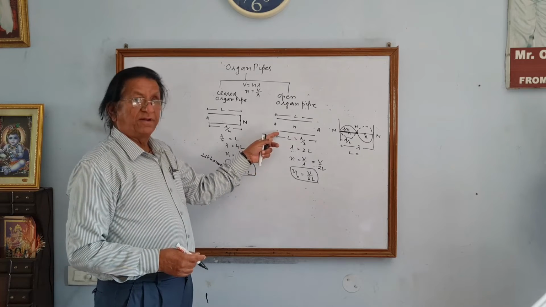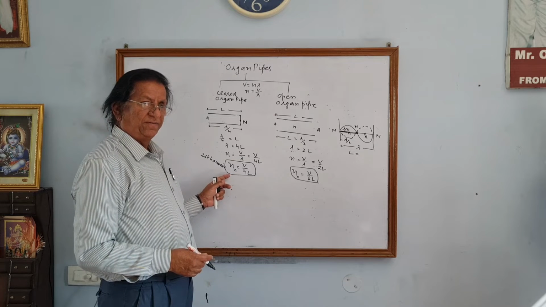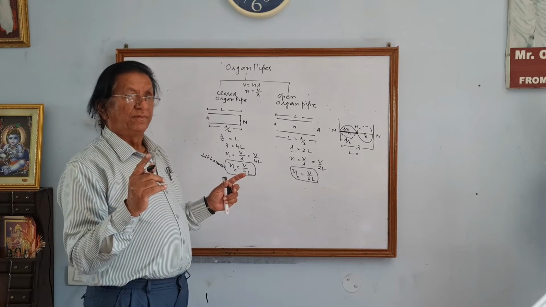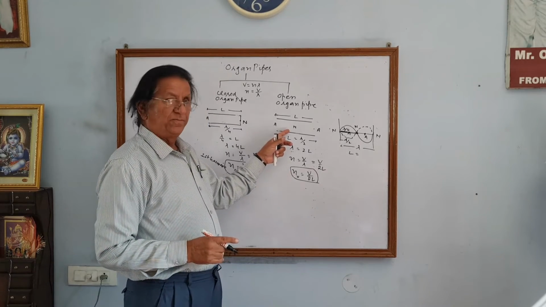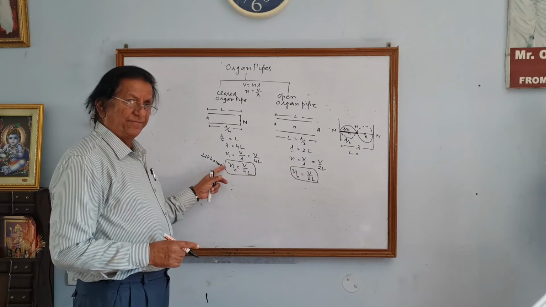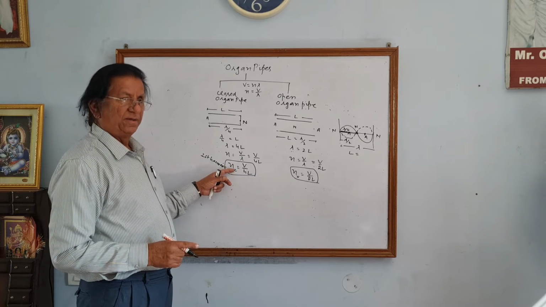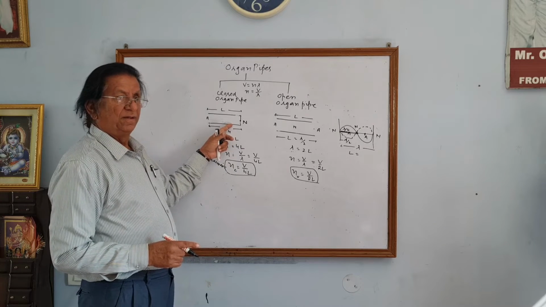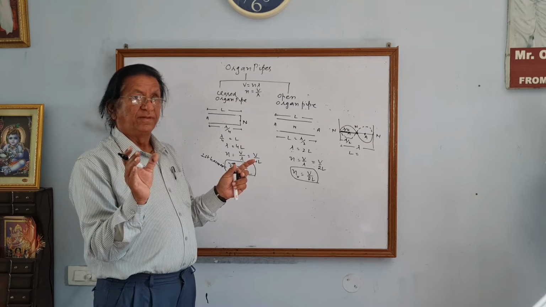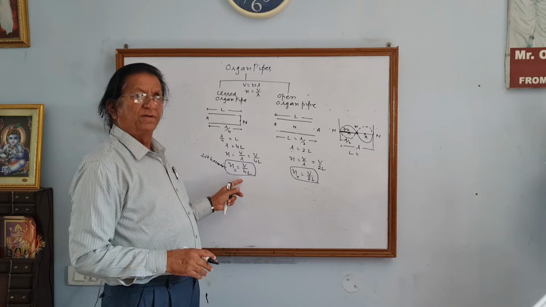That means in open organ pipe, the fundamental frequency is double the fundamental frequency of closed organ pipe. First observation. The fundamental frequency of open organ pipe, which is given by this, is double of this, the fundamental frequency produced by closed organ pipe. These two organ pipes are of the same length, but the fundamental frequency of open organ pipe is double the fundamental frequency of closed organ pipe.